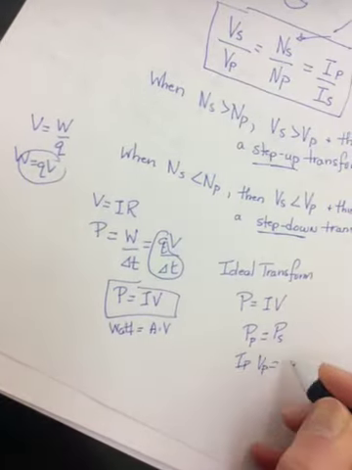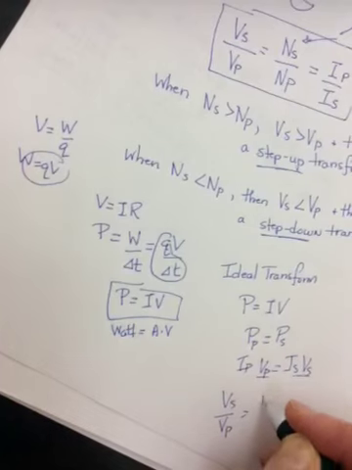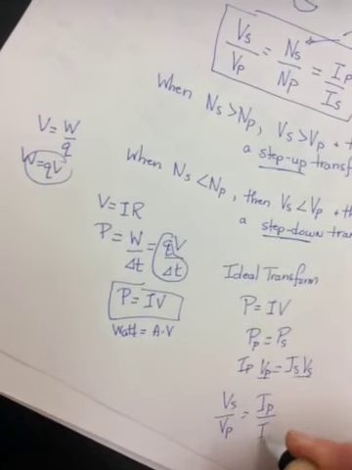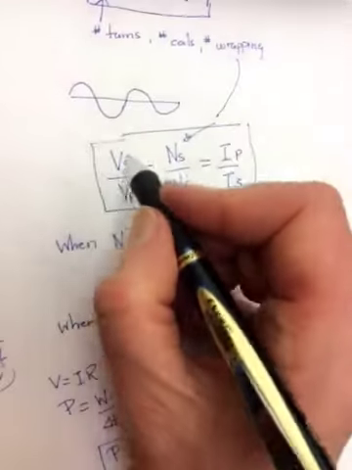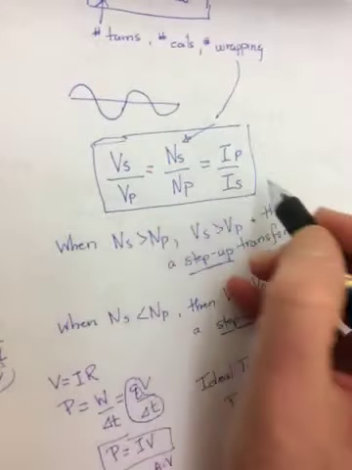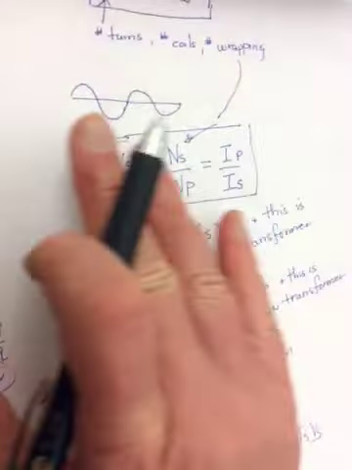And so if you rearrange this to get V secondary over V primary, you'll end up with I primary over I secondary. Okay? So this is your transformer equation. It's really just ratios. Obviously, you only use 2, depending on what you're given.